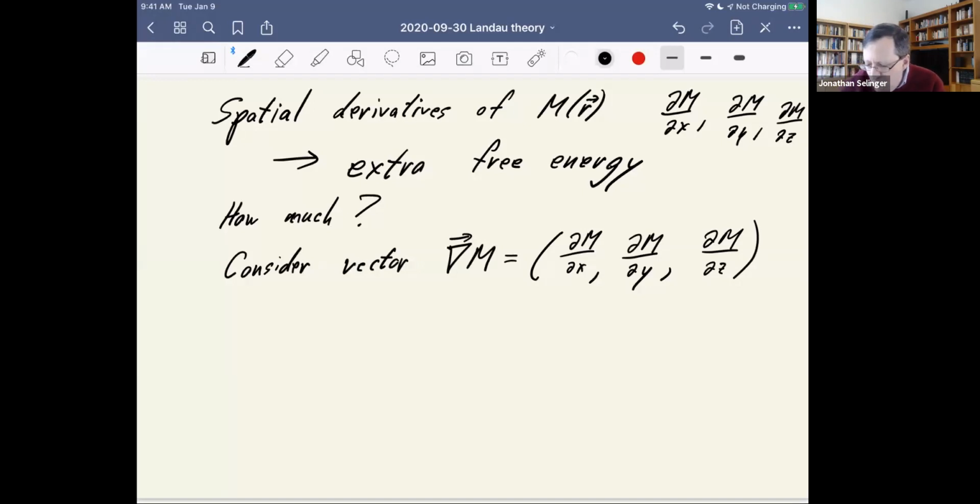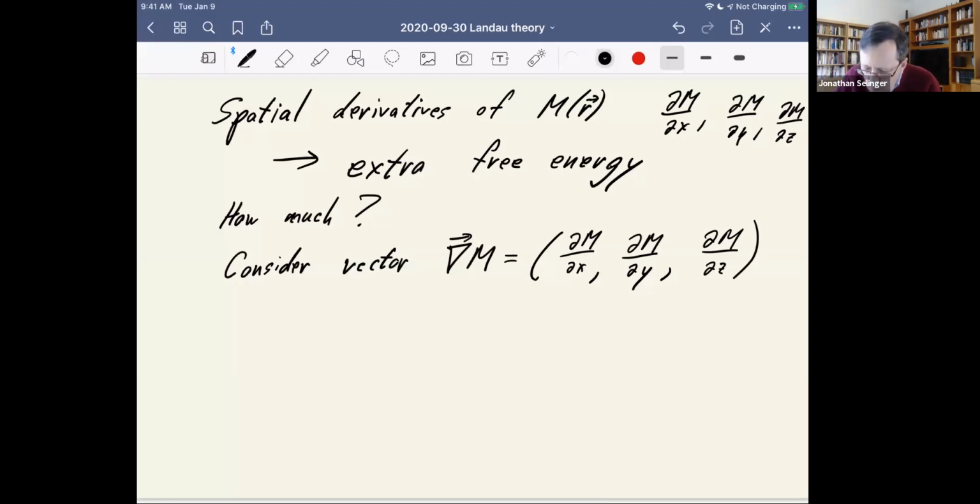We want a term where x derivatives and y derivatives and z derivatives all enter in a symmetrical fashion, okay? That is one constraint on how it could enter the free energy, right? Another constraint is that whatever we construct better be a smooth function of these derivatives.